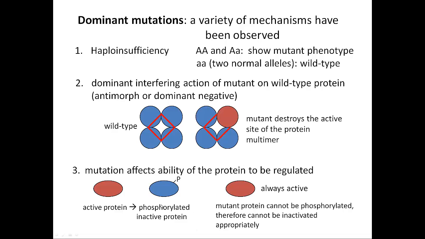So if you actually mutate that particular amino acid that normally gets phosphorylated, it's possible that it will not be able to be normally phosphorylated, and therefore it's going to be always active. This kind of mutation is often found in cancer, and so we have proteins that will continually induce the cell to keep on dividing.